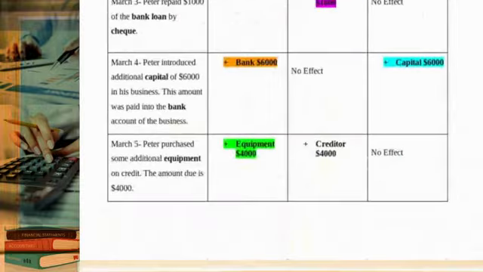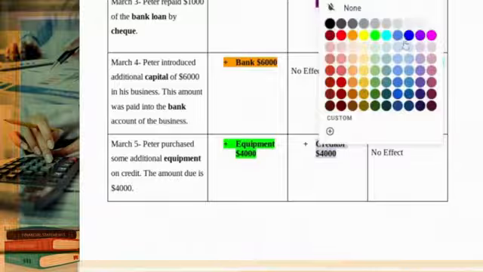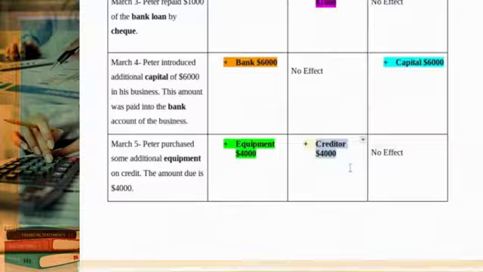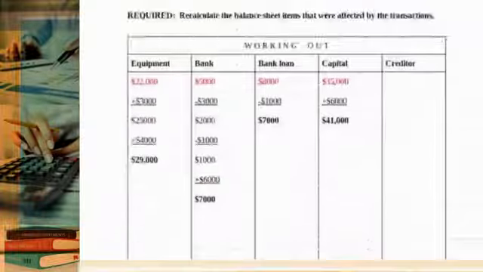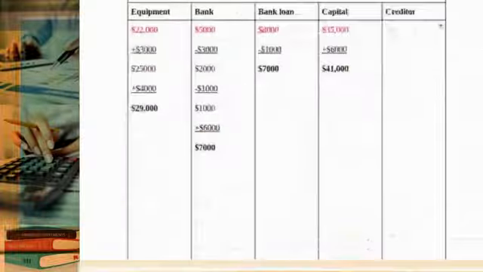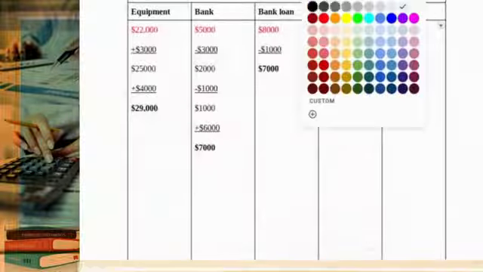So in the effects table, we realize that creditor was increasing by $4,000. So that leaves us with $4,000 being the new figure for creditor.